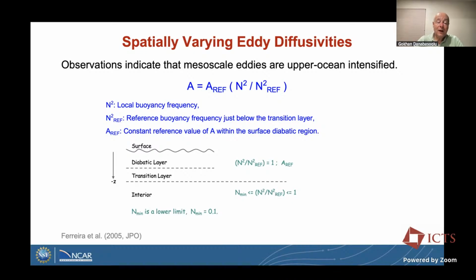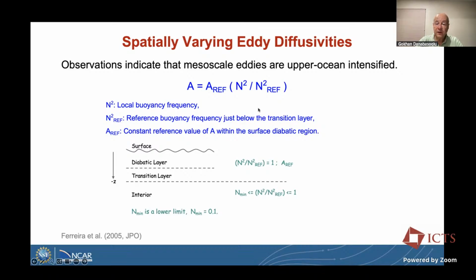And again, in the mid-2000s, observations were indicating that mesoscale eddies are upper-ocean intensified. So in order to mimic that, we introduced a profile for the diffusivity coefficient, and it is given like this. It is determined by the vertical profile of the buoyancy frequency. And as you may know, buoyancy frequency, N squared, is large near the surface, and it diminishes as we go below the boundary layer or below the mixed layer depth.